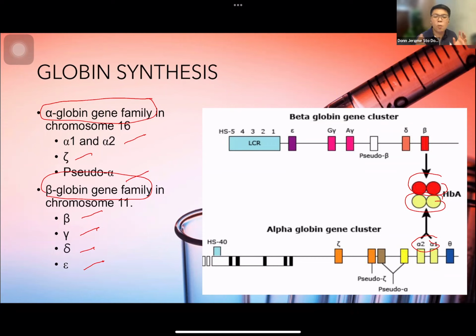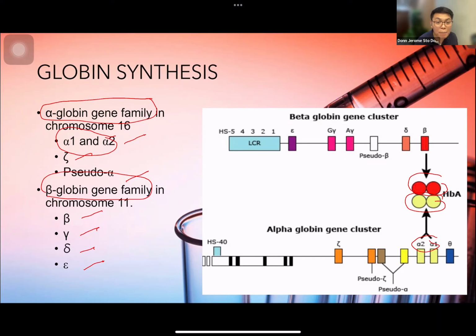What I would like you to remember, di ba you'll be having your CBL reporting about thalassemias? Sino yung magre-report ng thalassemia? Meron ba? Okay. So tatandaan ninyo, the alpha globin chain has 2 alleles in chromosome 16. Ilang chromosome 16 ba meron tayo?